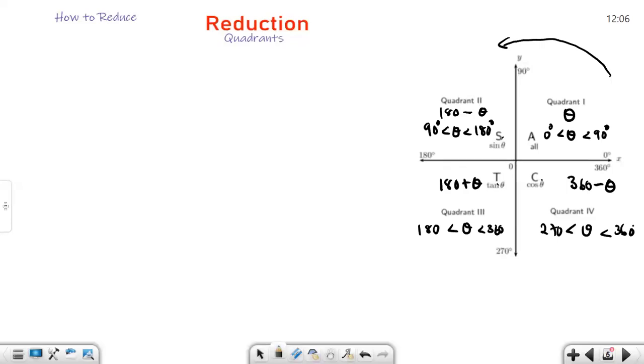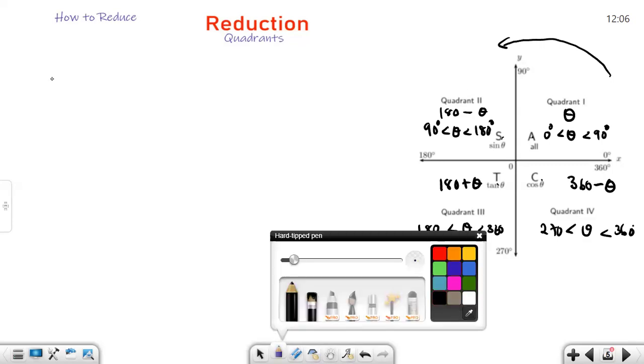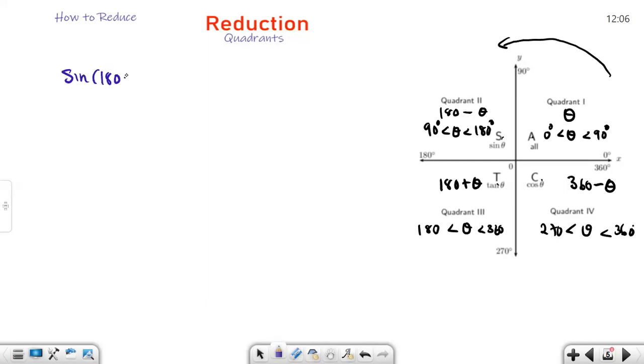So if I were to do this, I'm going to show you my craziest way. If I give you sine of 180 minus theta, it is in the second quadrant, and in the second quadrant, that's where sine is positive. Our answer has to be positive sine theta. Let's take it again.